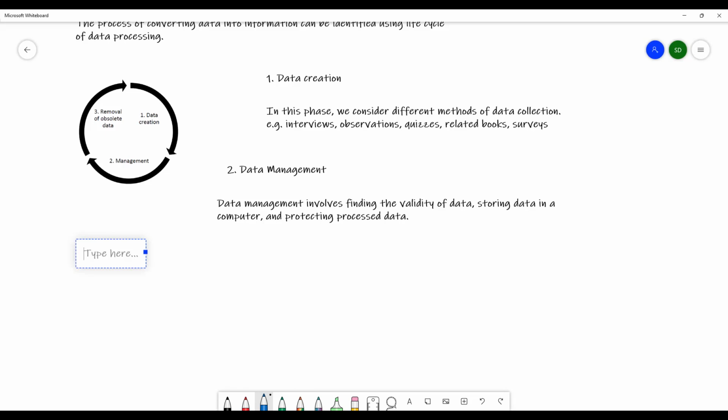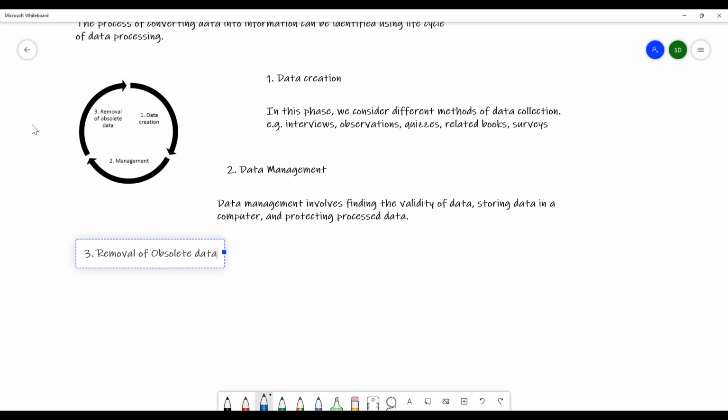Okay, shall we finish by putting the last one? Removal of obsolete data. Let's type that. This is the third one in the life cycle. Removal of obsolete data. Right.